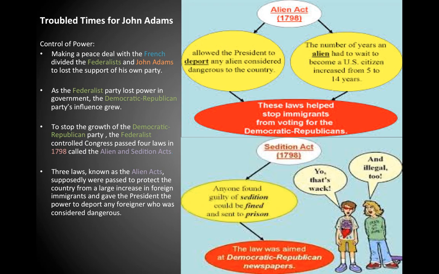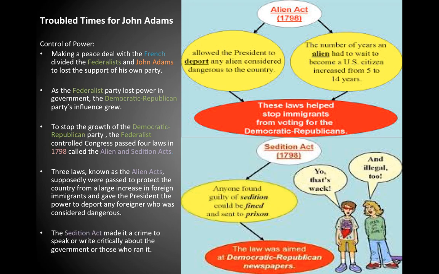And again, these laws were trying to stop immigrants from voting for the Democratic Republicans. Okay, so again, these are some of the examples that we talked about there with the Alien Act of 1798. It really wasn't to protect us from immigrants coming into the United States. It was more just to stop them from voting for Democratic Republicans.